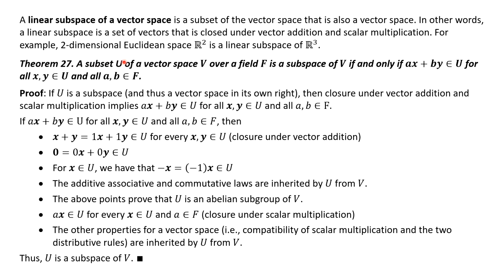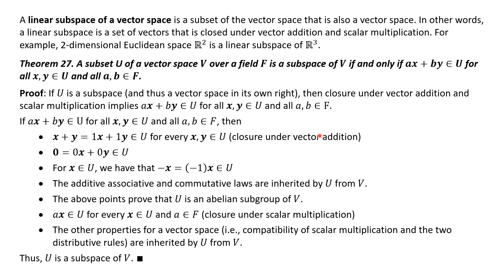A subset U of a vector space V over field F is a subspace, and this is just shorthand for linear subspace. I'll normally just say subspace of V if and only if ax plus by is an element of U for all vectors x and y in U, and all scalars a, b in F. So let's look at a proof.